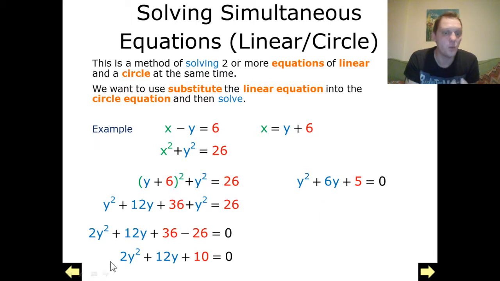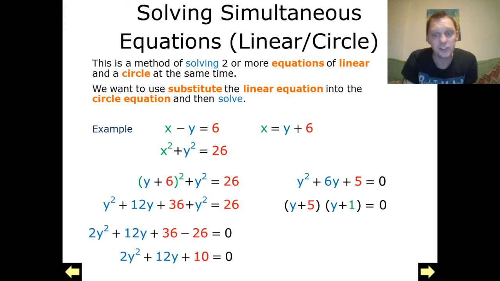And then what I've done, I've taken another step, because I've got all even numbers in here and I'm looking for just y squared, because I might look to try and solve this by factorising. I've gone and halved my equation. Because they're all even numbers all the way across, I can halve the entire equation and it'll still equal the same thing. So I've now been left with y squared plus 6y plus 5 equals 0.